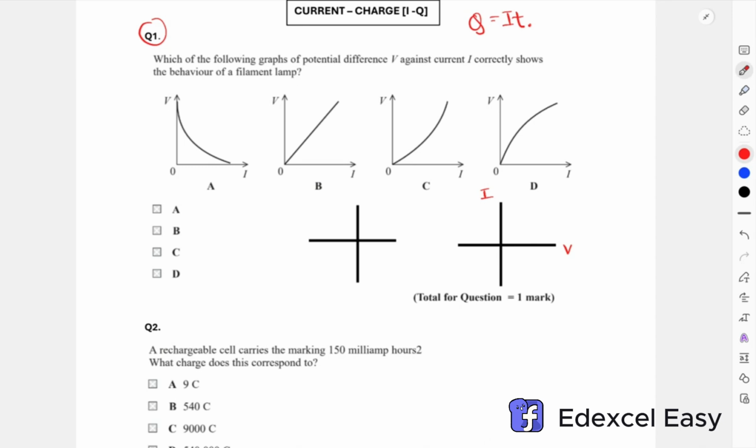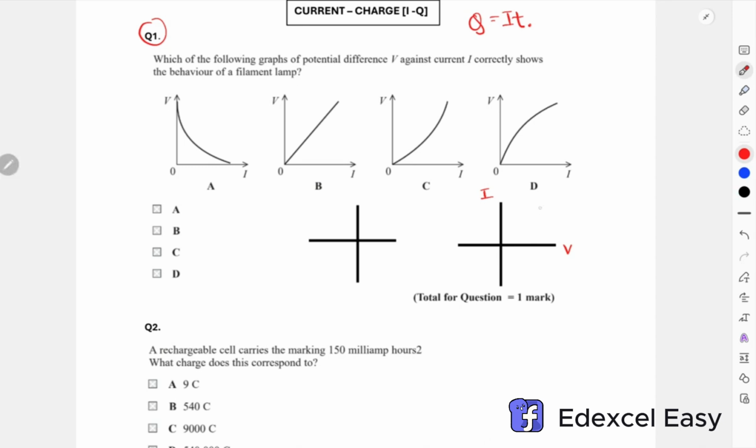So the current increase will initially be very high, whereas finally the current increase will be extremely low because of the high resistance. So in a filament lamp, initially I is very large, and finally I is very small because of the change in resistance during this transition.